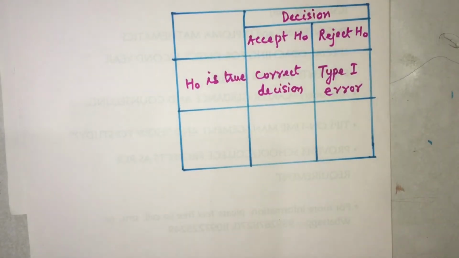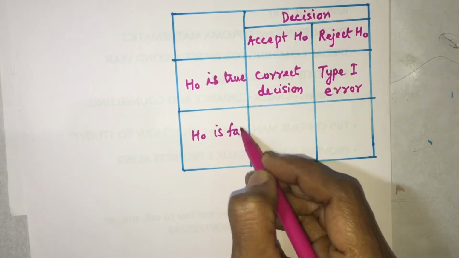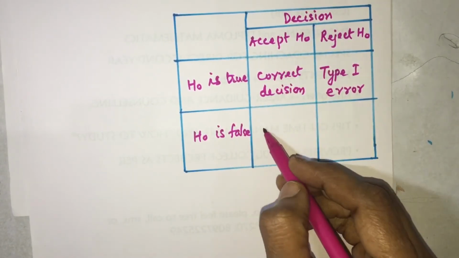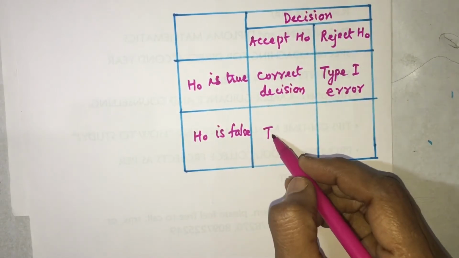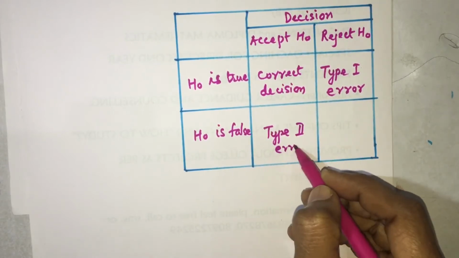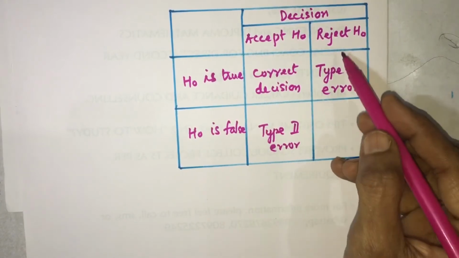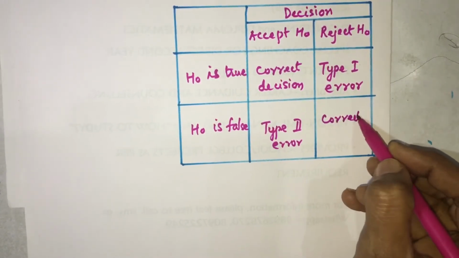Now the second case is H0 is false and you accept that H0, a false thing, then this will be type 2 error. And H0 is false and you reject H0, this is again a correct decision.